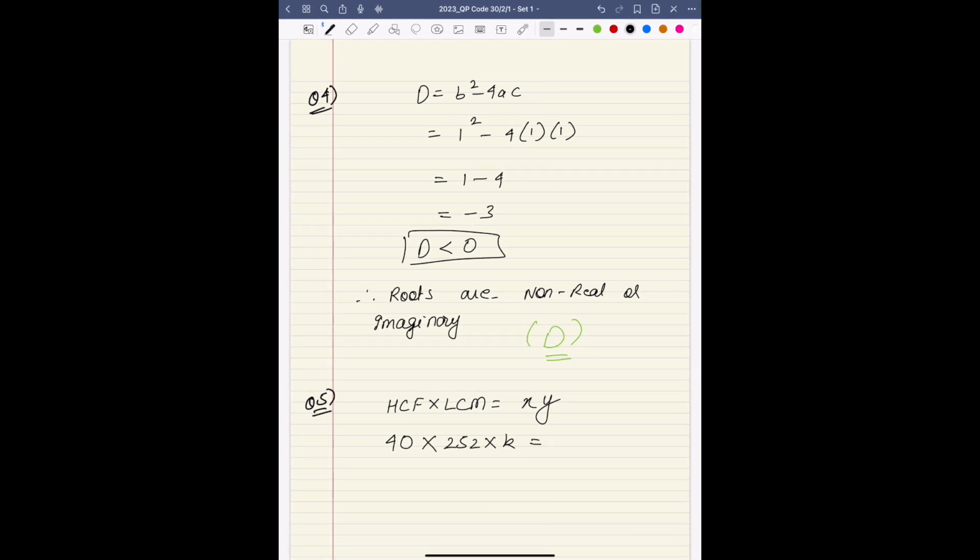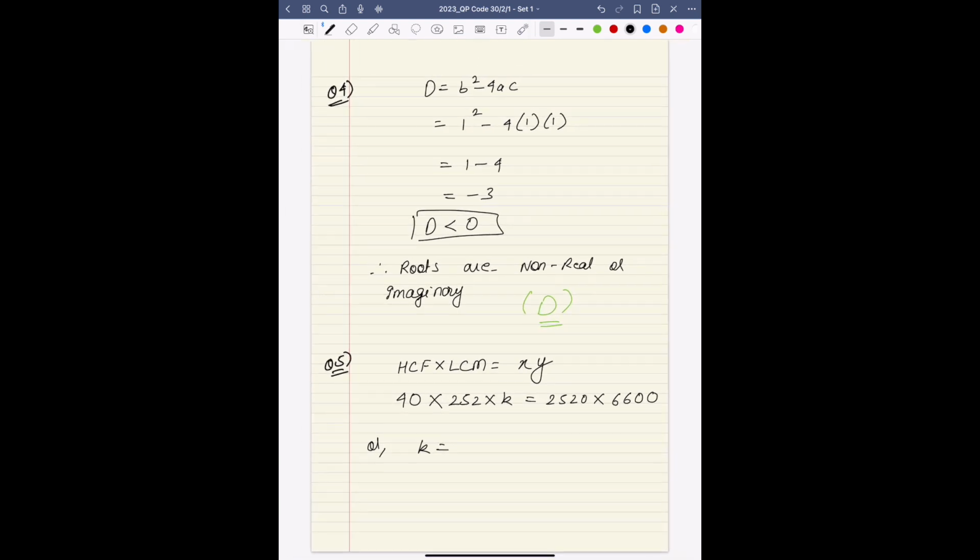X you can take as 2520, and the other number y is 660. If you want to keep k on one side just for simplicity, you can write 2520 times 660 whole divided by 40 times 252.